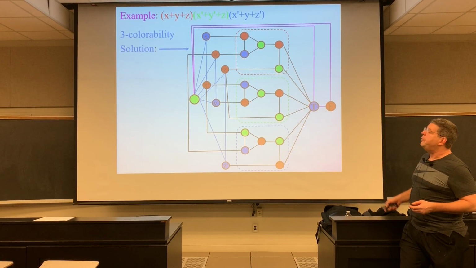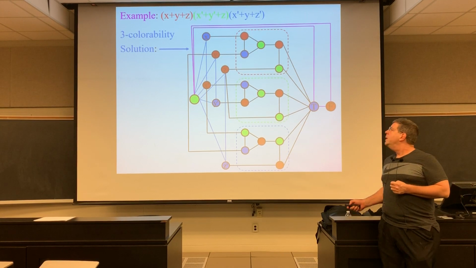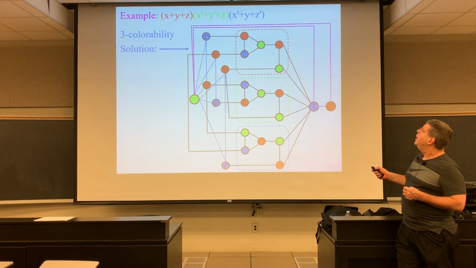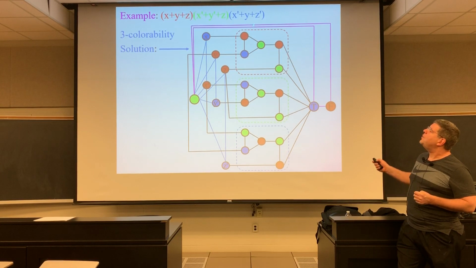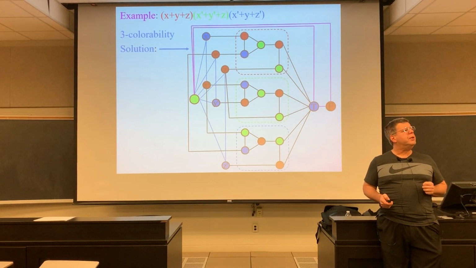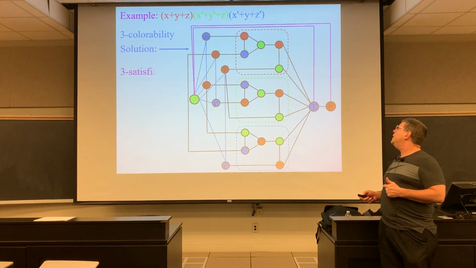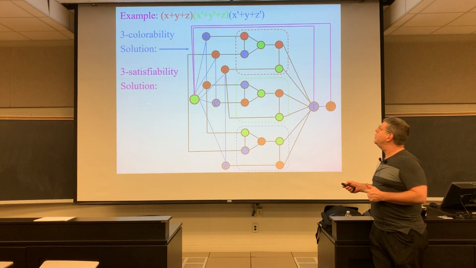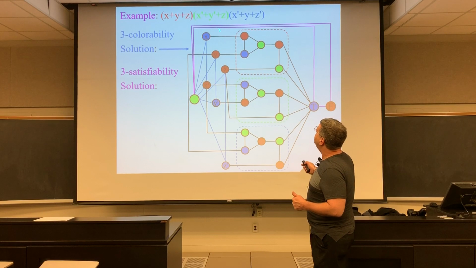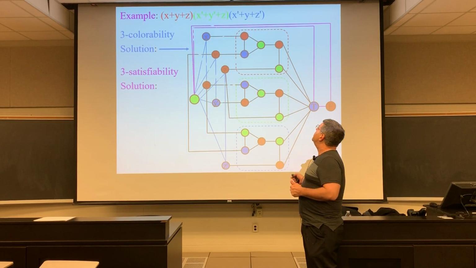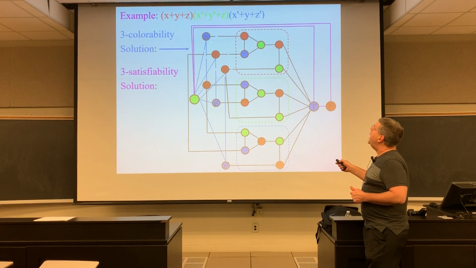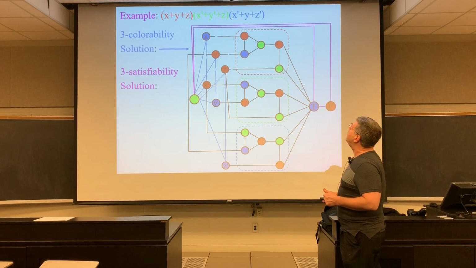Once you paint this graph with three colors, you can read off the satisfying assignment for this Boolean formula from which this graph came. And in this case, the three satisfiability solution to this formula, read off of this graph, is X is true, Y is false, and Z is false.